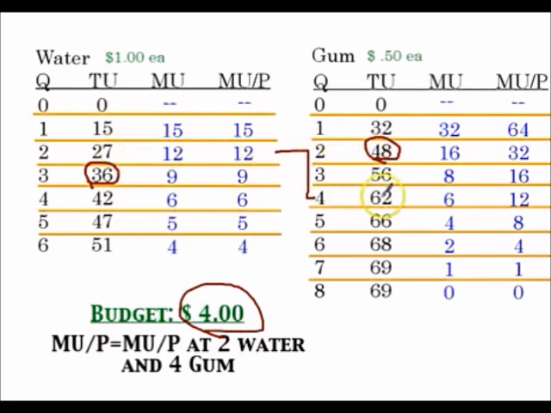So if I'm going to maximize utility, it's the 2 units of water and the 4 units of gum that maximizes my total utility. That is still the highest combination. 8 gum, 0 water, which I can do with my budget, 69 is less than the 62 plus 27. So utility maximization is what we're striving for. There you go.